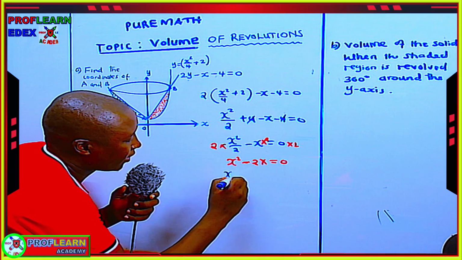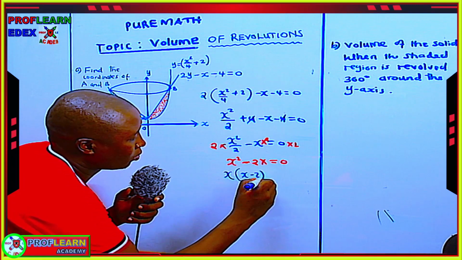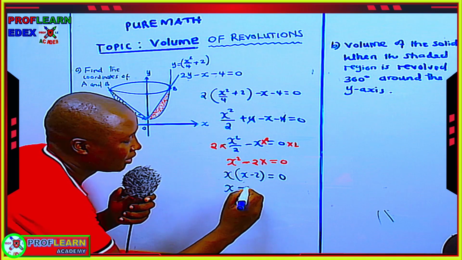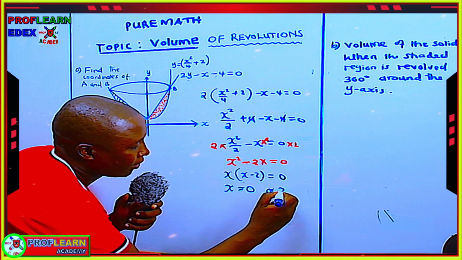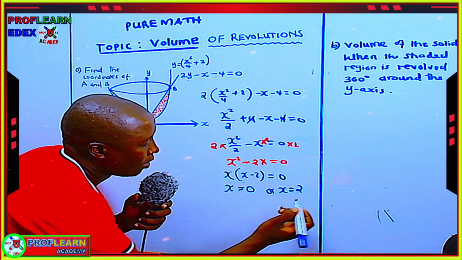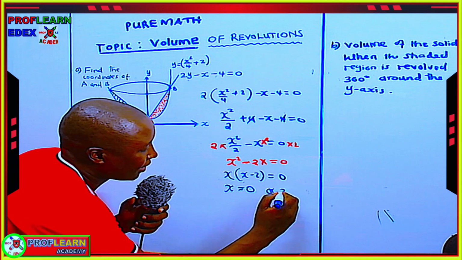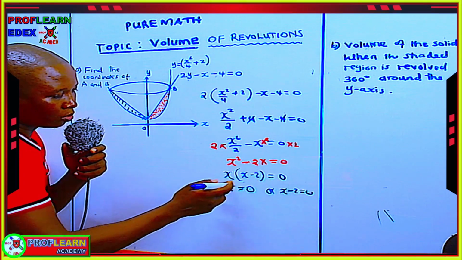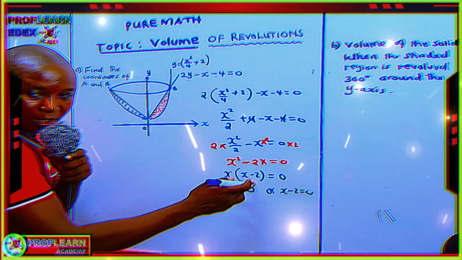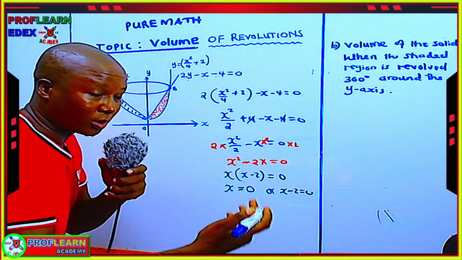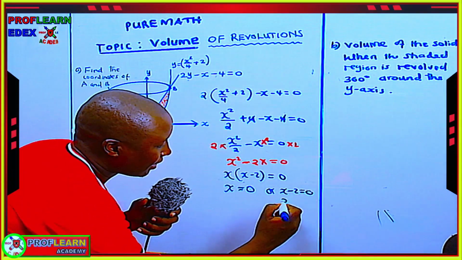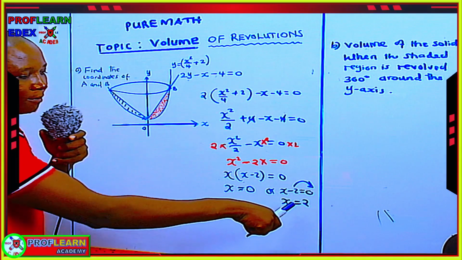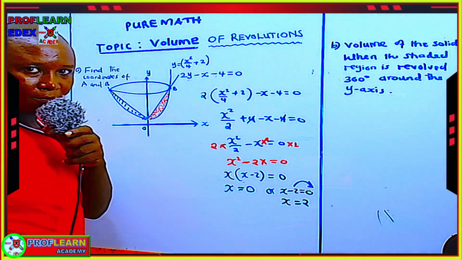We are going to have x into x minus 2 is equal to 0. Therefore, it will mean that x is equal to 0 or x is equal to 2, because we shall be having x minus 2 is equal to 0. Then we can say x is equal to 2 because this goes on the other side of the equal sign, and the sign becomes positive.